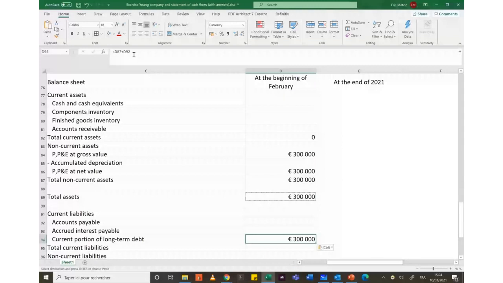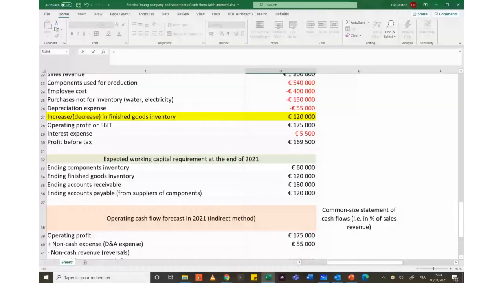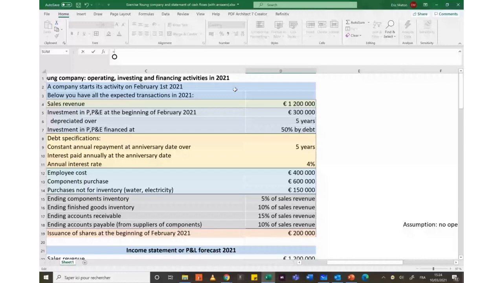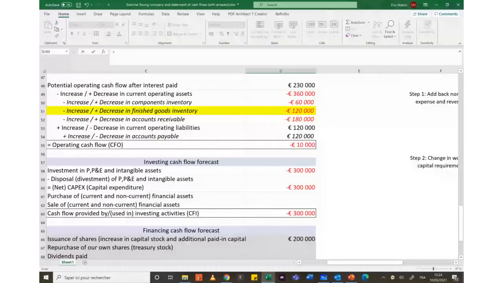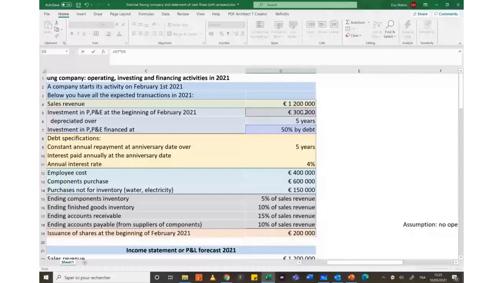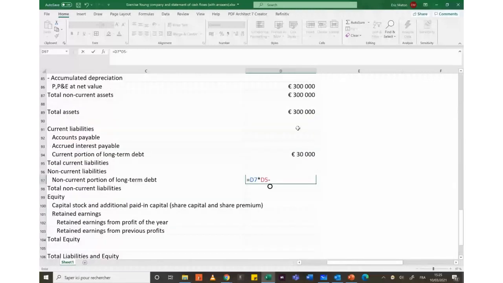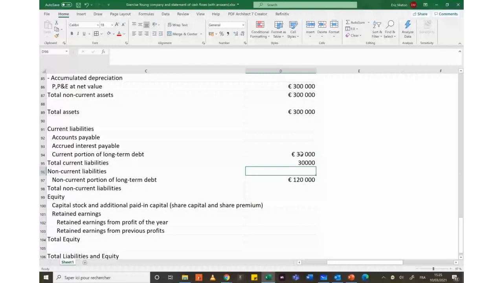So I said 50% of the investment is financed by debt, and you will pay 1/5 per year. The rest of the debt is in the long-term debt. So it means it's 50% of the investments minus the current portion. The current portion, 30,000. So in the current liabilities, I have only this one. The non-current liabilities, I have only this one.